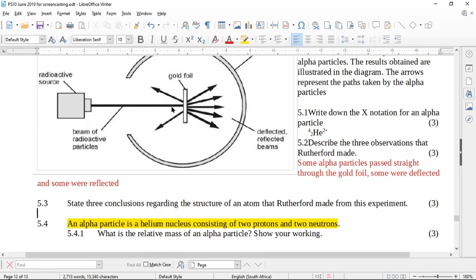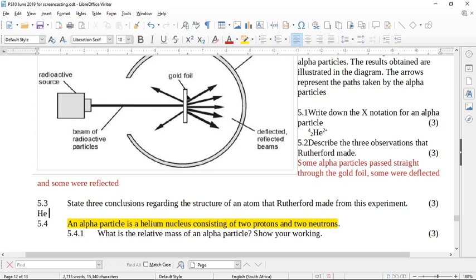This orderly scattering and the fact that some passed through completely unchanged means that there has to be empty space, because like charges repel. So if you've got positive and negative, then it must either be attracted or reflected by the things in the nucleus. But if they pass through, the only way they can pass through is if there's empty space.